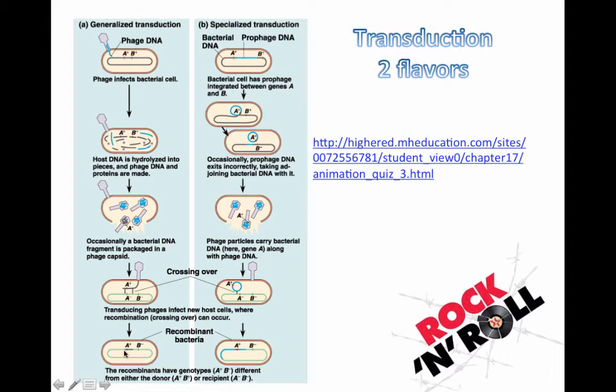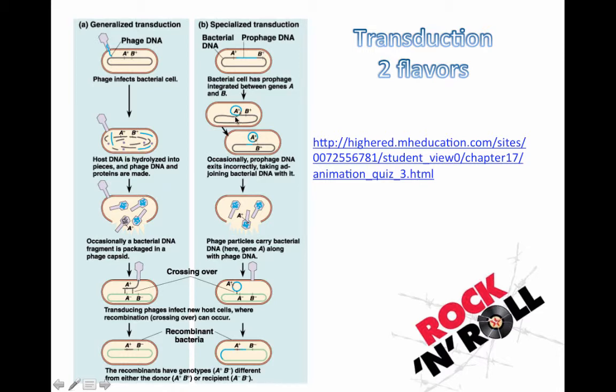So that's generalized. Every once in a while, some bacterial DNA gets packaged in a virus which infects a cell, and now that cell has a new trait. So this is one way that viruses can confer and transfer new traits. I think of it like viruses are a cargo carrier. In specialized transduction, each and every virus will carry a particle of the bacteria.